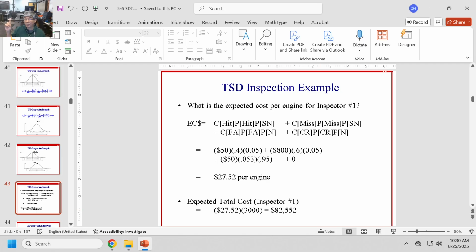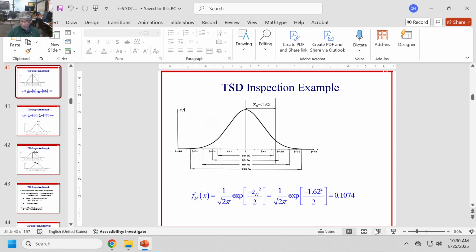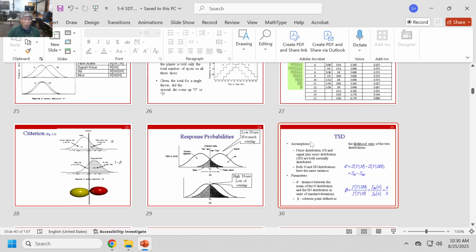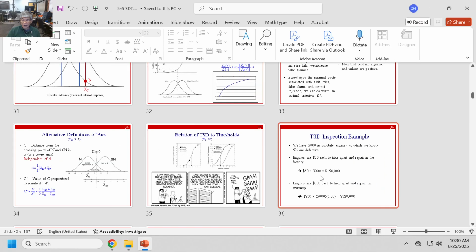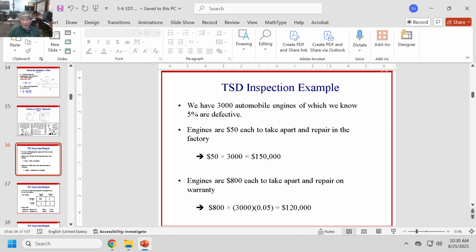Remember at the beginning? We already know that if we don't hire anybody and let people pass, it causes costs.